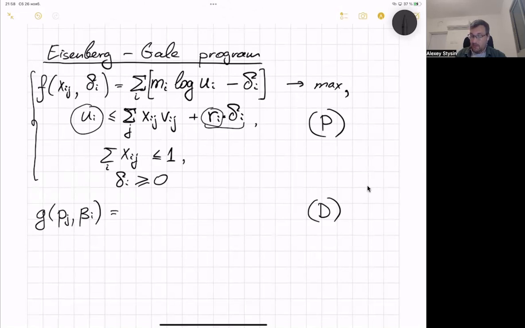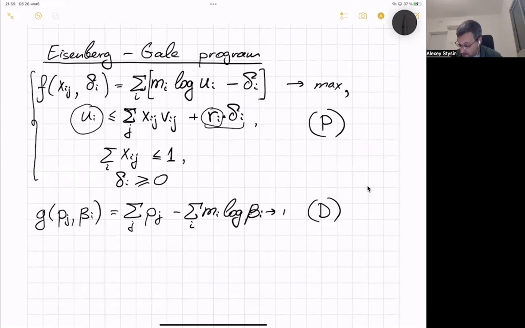It will say the following: that we need to minimize the sum of prices, p_j's, minus the sum of m_i's times logarithm beta_i, sum over i. And the constraints here are that p_j should be larger than b_i times v_ij.